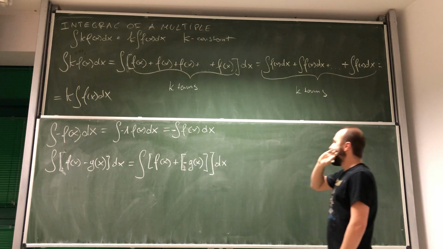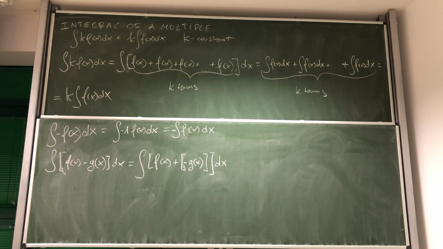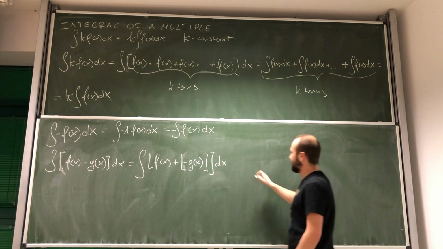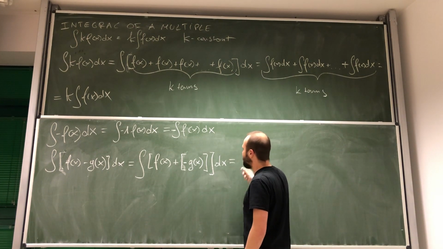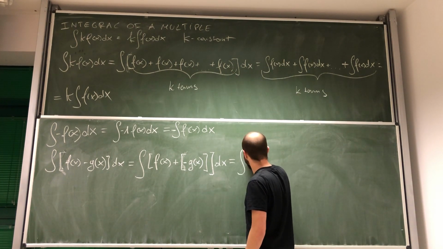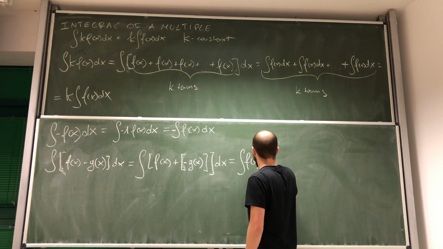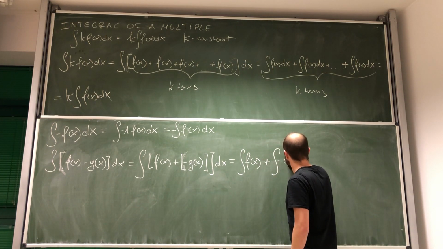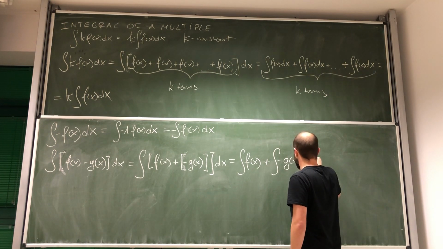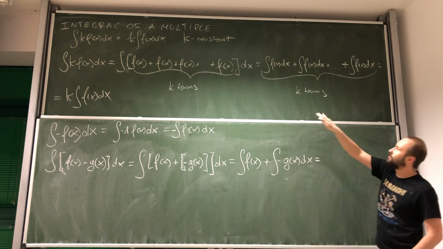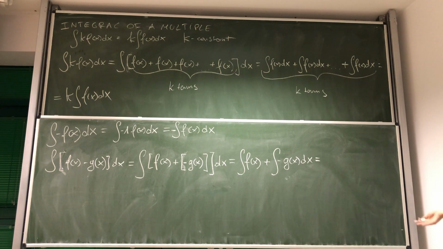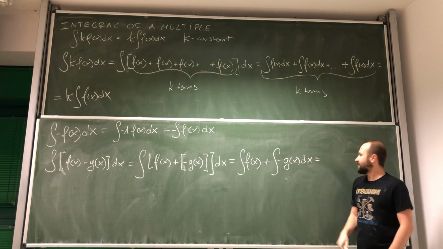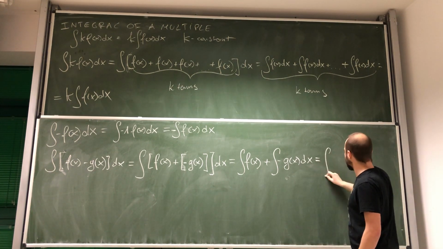And look, now I can use the rule integral of a sum, which is equal to sum of two integrals. And now I can use the rule called integral of a multiple to take this minus out, and I'm getting that.